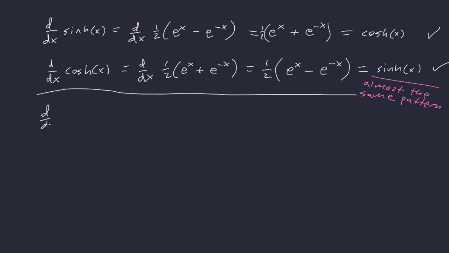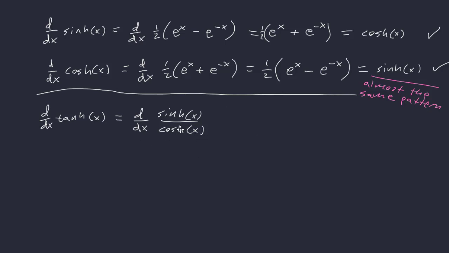The derivative of hyperbolic tangent. Okay, well, we know that the derivative of normal tangent is secant squared, so let's see if we get that. Well, to start with, derivative of tanh, well, that's the derivative of sinh over cosh.